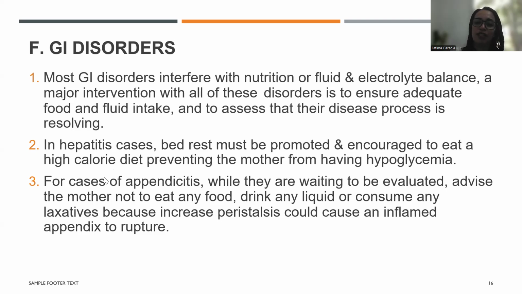Okay. So why do we get hypoglycemia? Hypoglycemia in hepatitis. Let us think, we have different types of hepatitis, hepatitis A, hepatitis B, hepatitis C. We need to review that, okay?